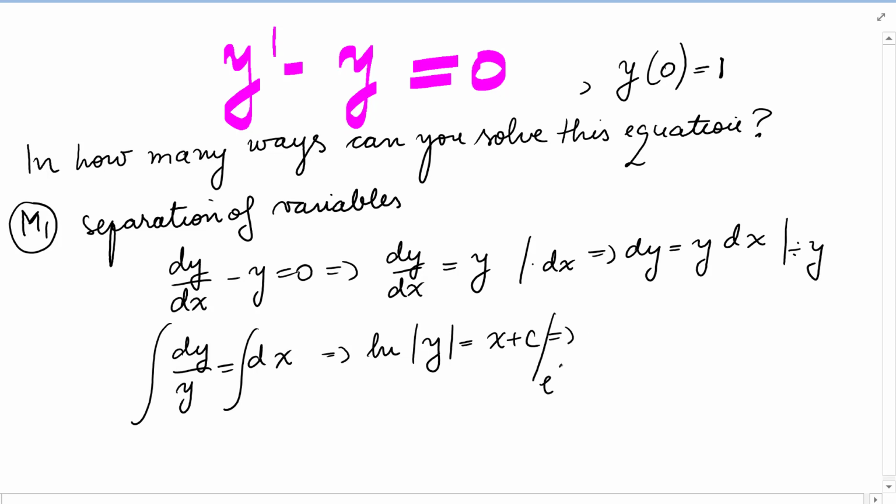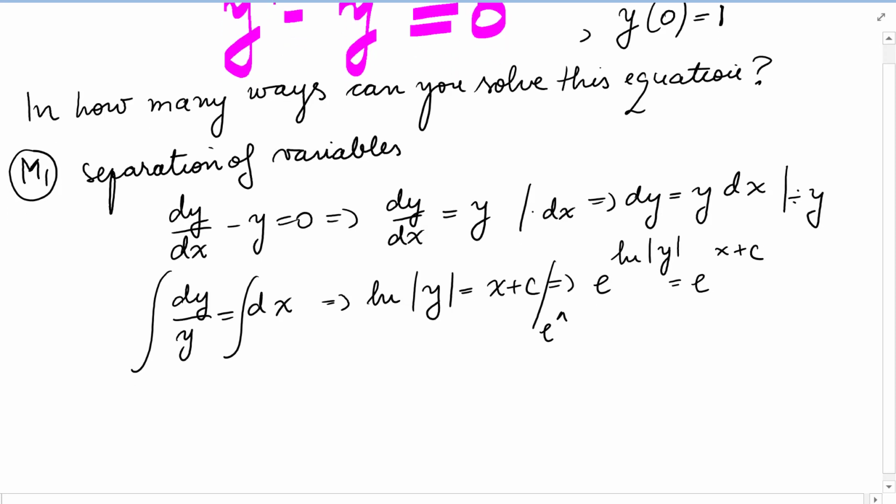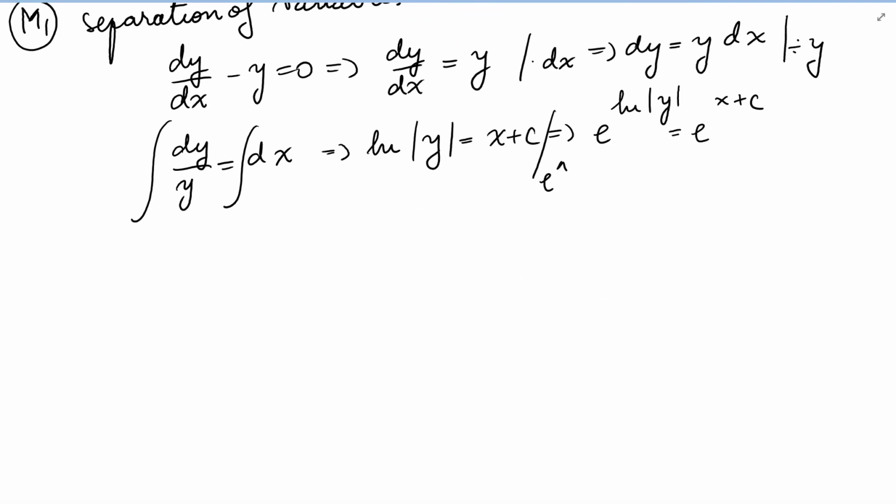We raise everything to e, so e to ln of absolute value of y equals e to x plus c. We use properties of exponents, where if the base is the same as the base of ln, we get absolute value of y equals e to the x times e to c.